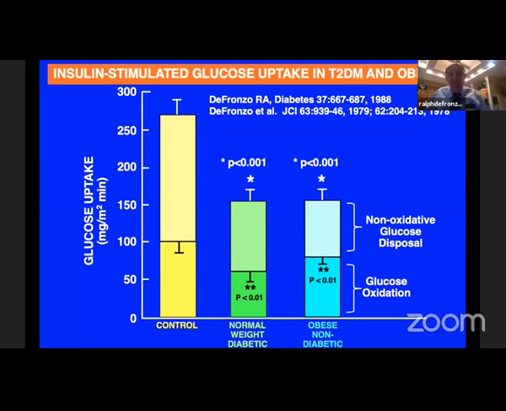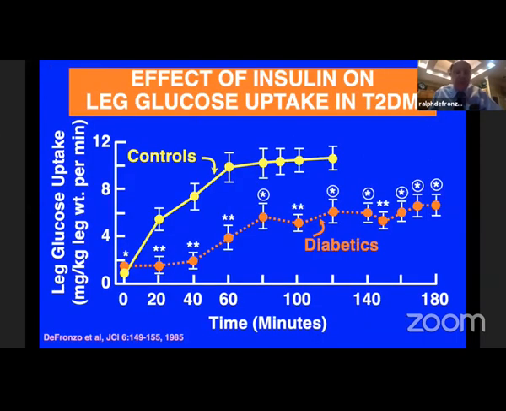And so we could really look at where the glucose was going and what was the tissue that was primarily responsible for this defect in whole body insulin-mediated glucose uptake. And you can see here, it's the muscle tissue, which is primarily responsible for this insulin resistance.